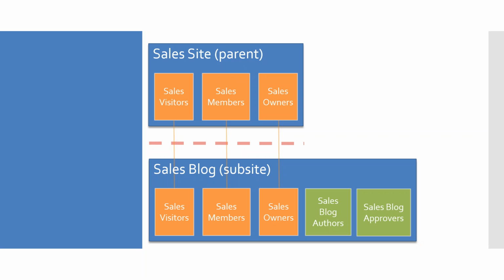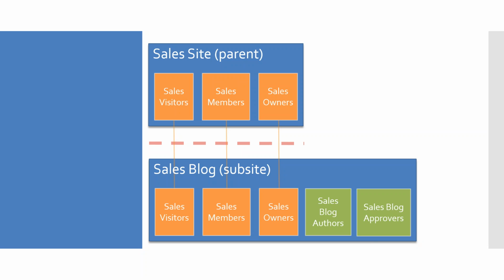even though we've broken permission inheritance. Now, a question is, if we inadvertently go and add a new user at the sales site level, maybe we go and put somebody in the sales members at the sales site level, they do get the edit permissions at the sales site level, but they also get edit permissions at the sales blog subsite level as well. Even though we've got broken permission inheritance, the sales blog is still using the same group.